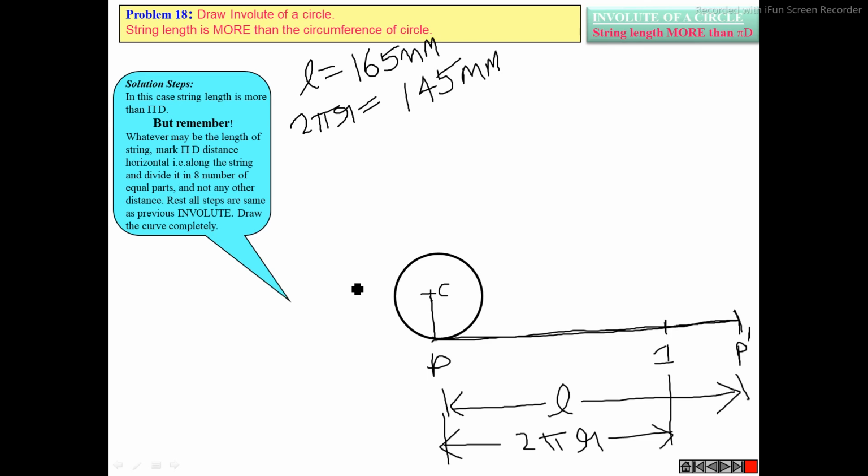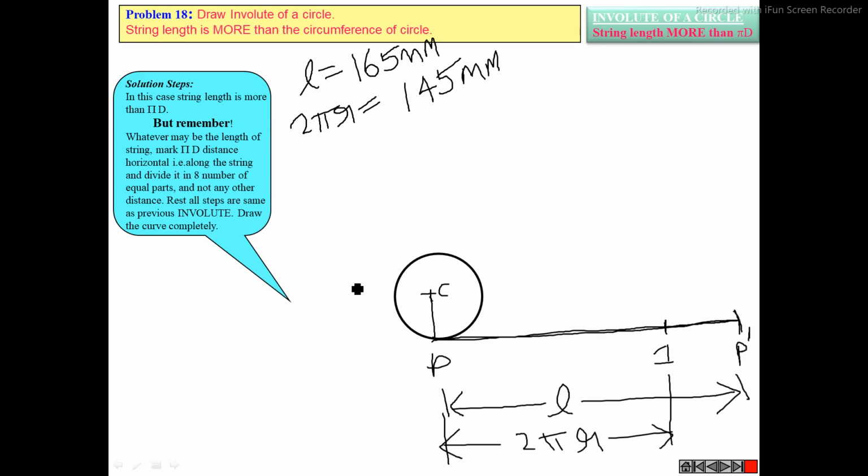From point 1 or from point P dash? Sir, I think point P dash.